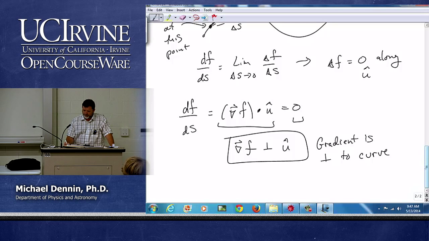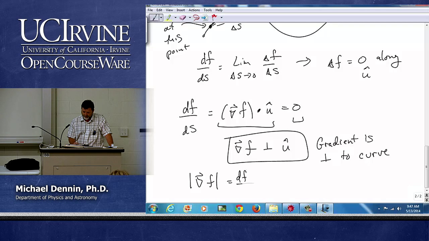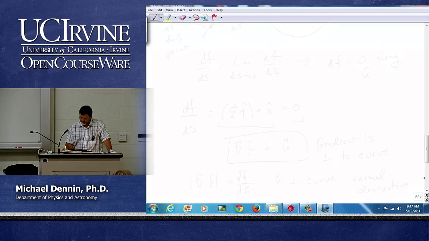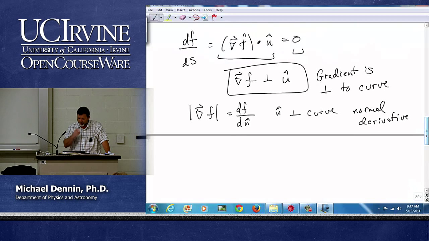Now, the other thing, we'll often call the magnitude of the gradient of f the normal derivative, because it's the derivative in the direction normal to the curve. So that's an important term.